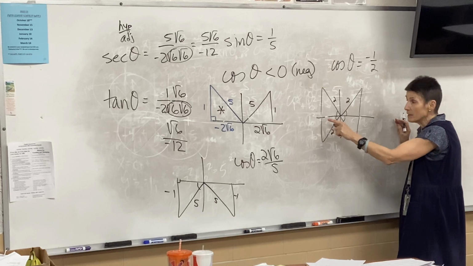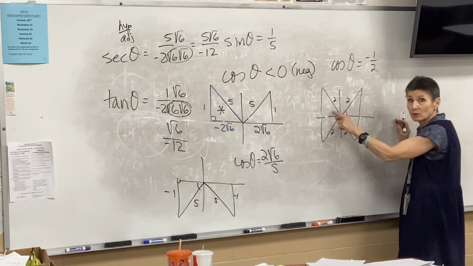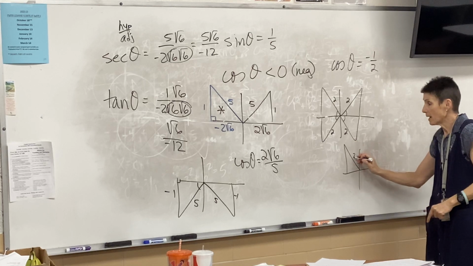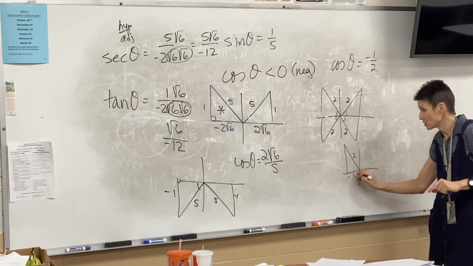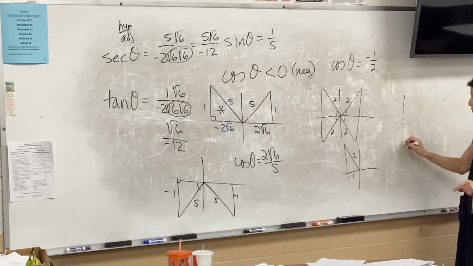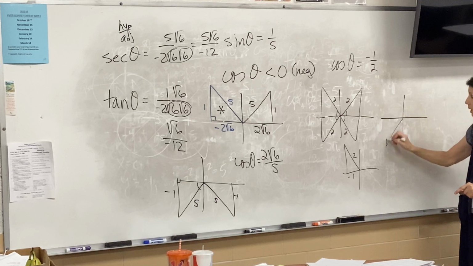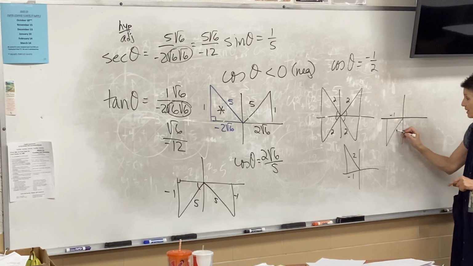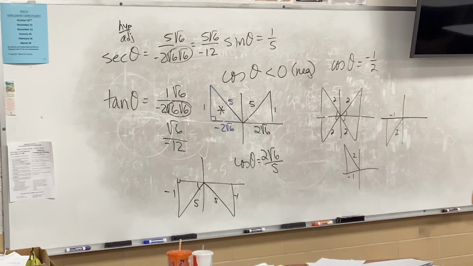Yeah. So you're going to have an angle in quadrant 2 that has a hypotenuse of 2 and the adjacent side's -1. And you're also going to have one in quadrant 3 where the adjacent side is -1 and the hypotenuse is 2. You have both of those. Both of those are quadrants where the cosine is negative.